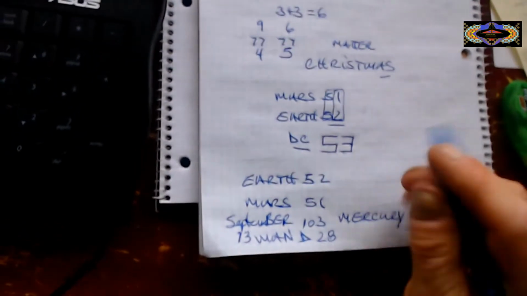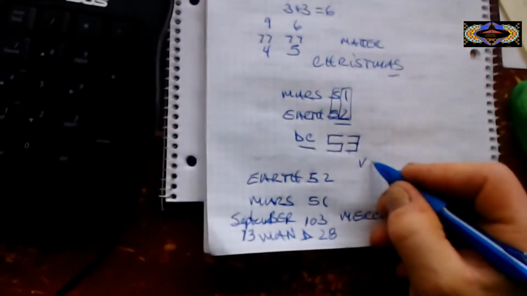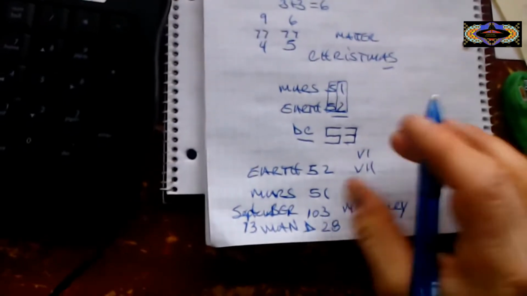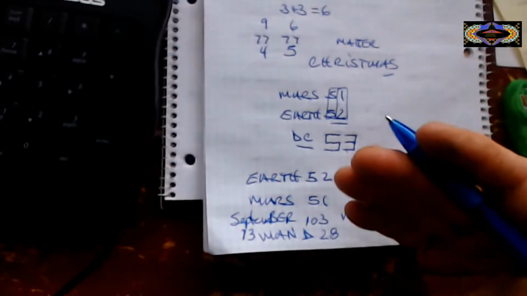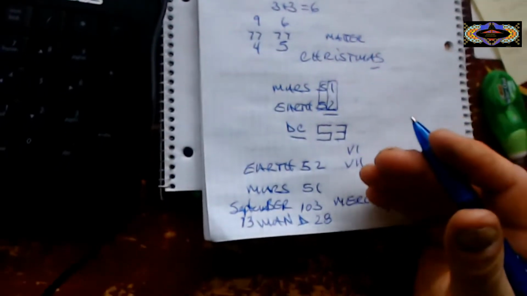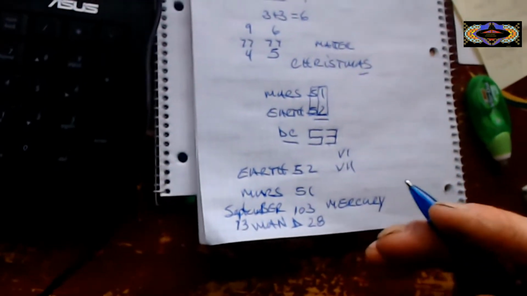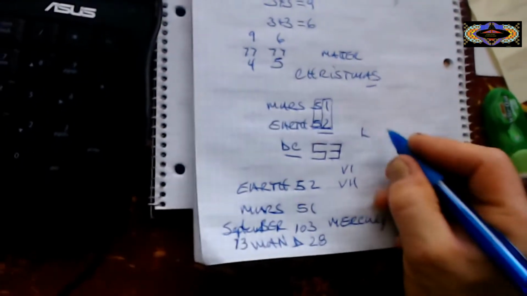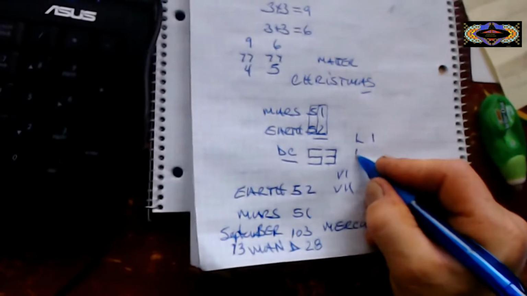We did the Earth thing again. I'm going to do it again in Roman numerals. It's V1 and V2. If I did it in the classier style, somebody who is more advanced, they will mark L1 and L2.